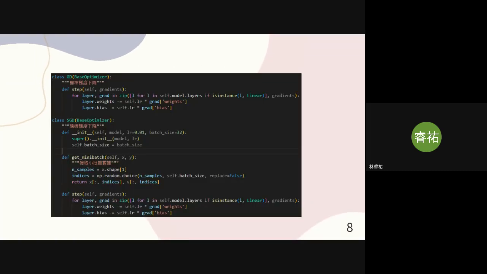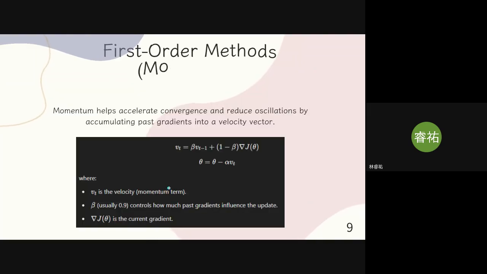And this is the implementation of gradient descent and stochastic gradient descent. For stochastic gradient descent, we use a mini batch to implement. Another first order method is momentum.